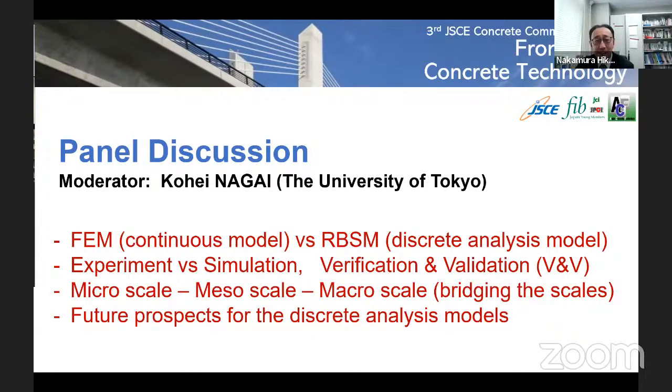Computation time is a problem. In my case, sometimes we continue for more than one week, two weeks. We use a very fine mesh and have very strong nonlinearity.